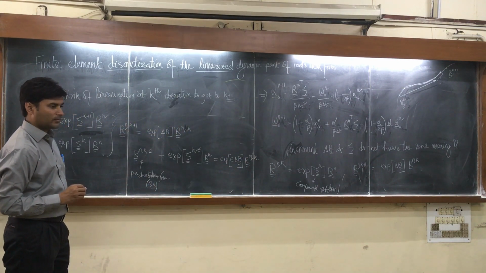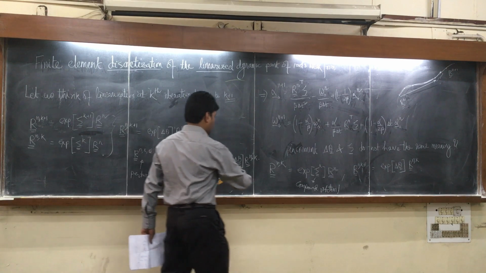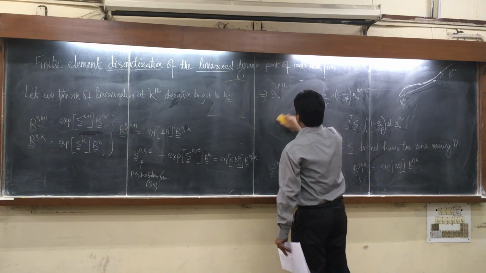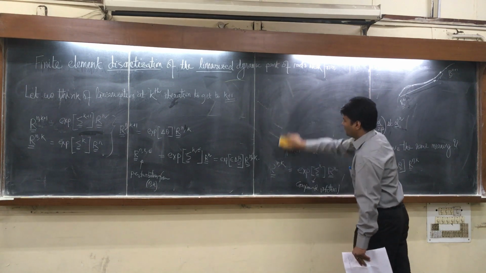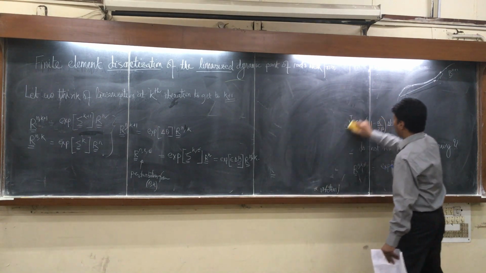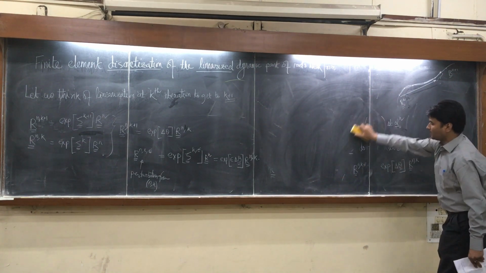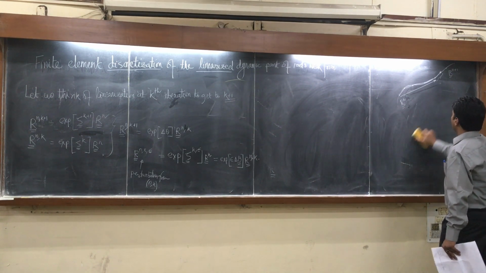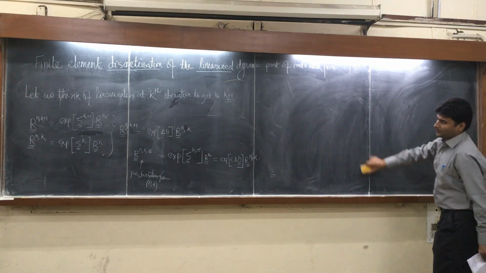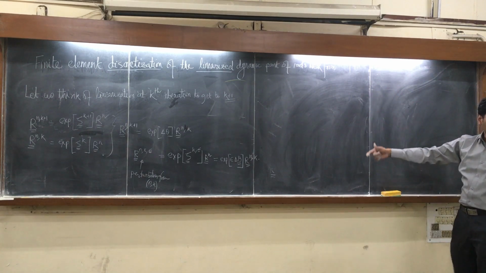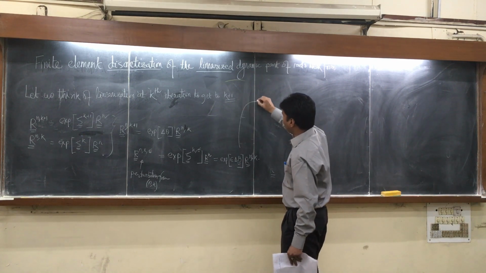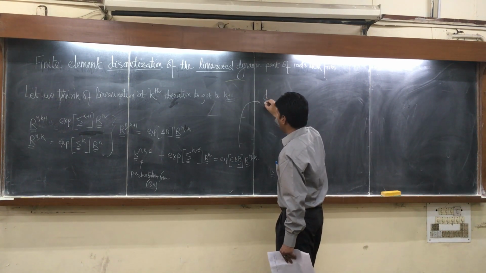That's what we have. And then you simply do d by d epsilon. Right? So you can do d by d epsilon at epsilon equal to 0.